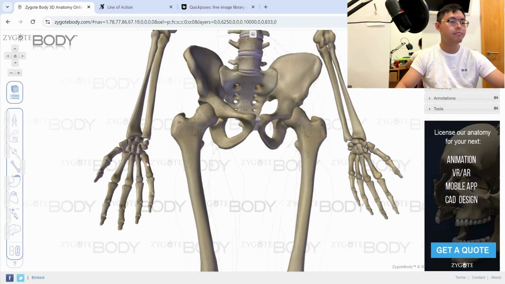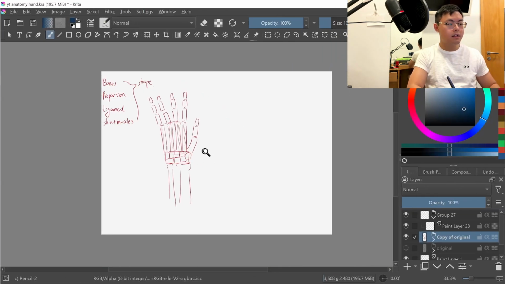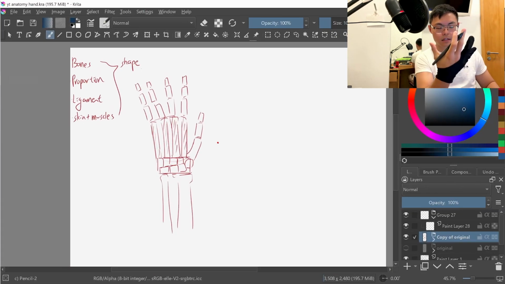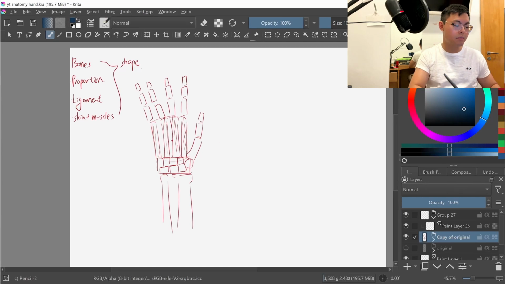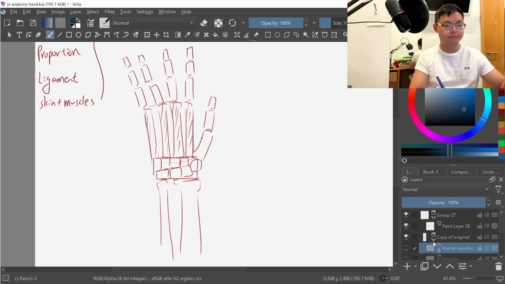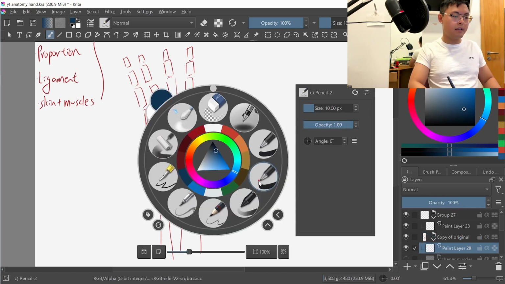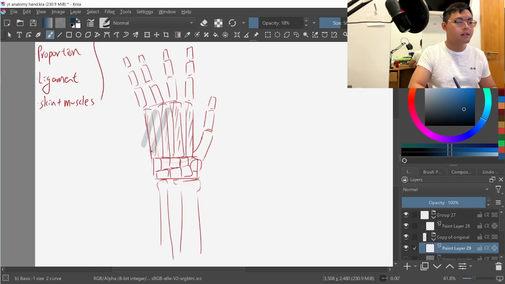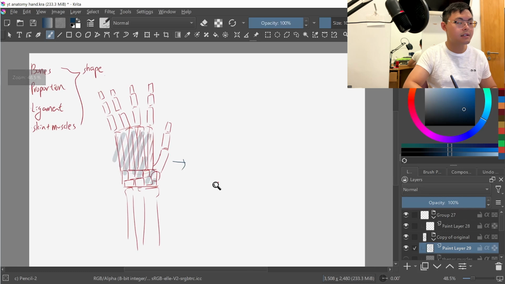So if we draw it out, this is the palm side. We're looking at the palm. Then we could simplify it into this.